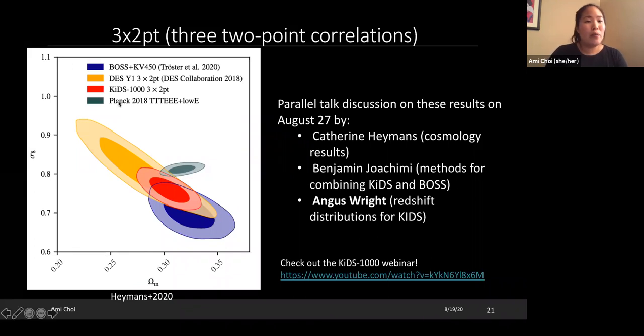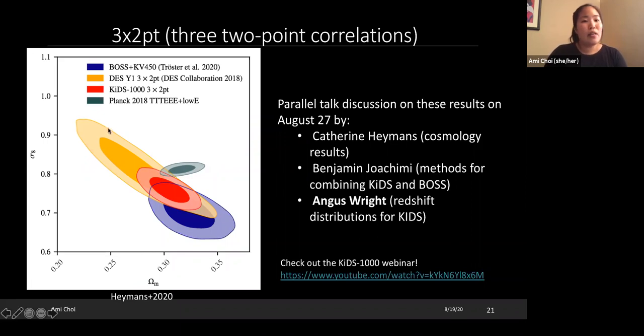Note that for this so-called 3x2 point, which is 3 2-point correlations, KIDS uses the anisotropic clustering signal from a spectroscopic survey from BOSS and 2dFLenS. And so the results are a little bit different from what we used in DES Y1 3x2 point, where the clustering information there came from an angular clustering, so 2-point angular function.